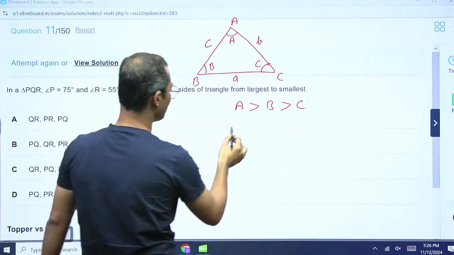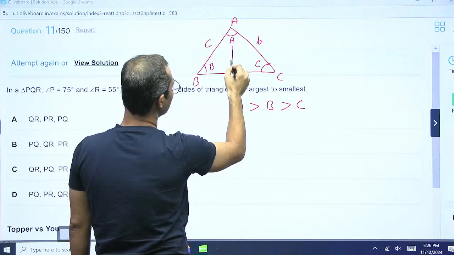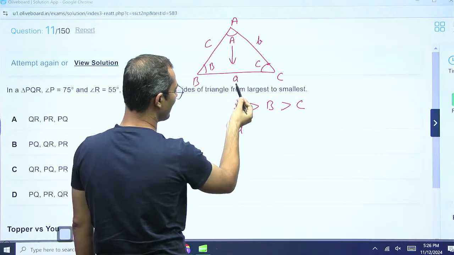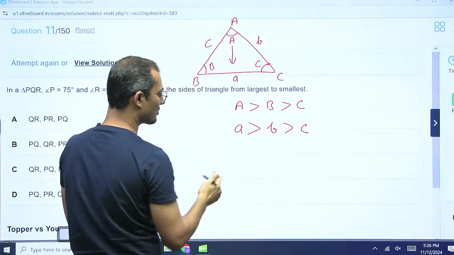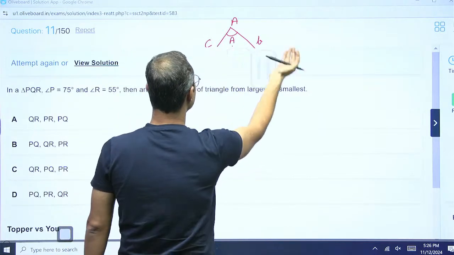So the side against the greatest angle A is A, so A is greater than B is greater than C. I think this is clear to you, right? So on that basis we can categorize.